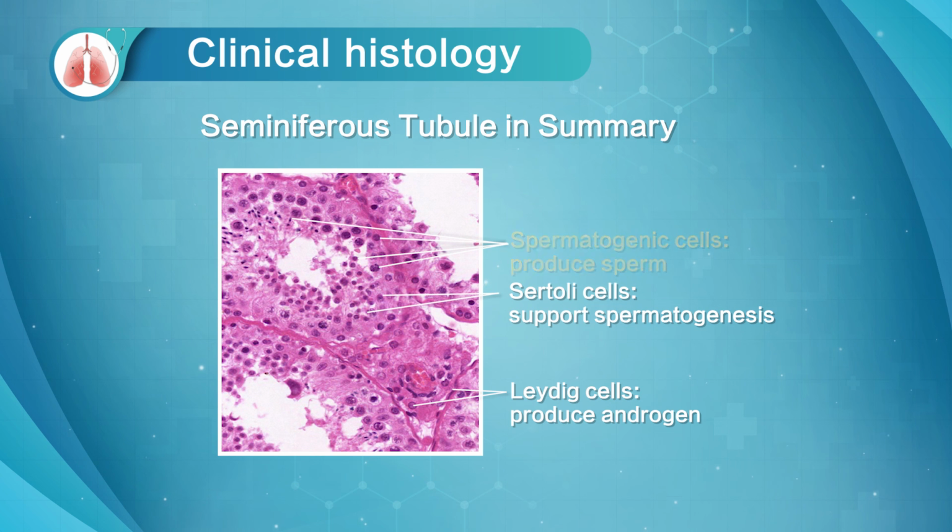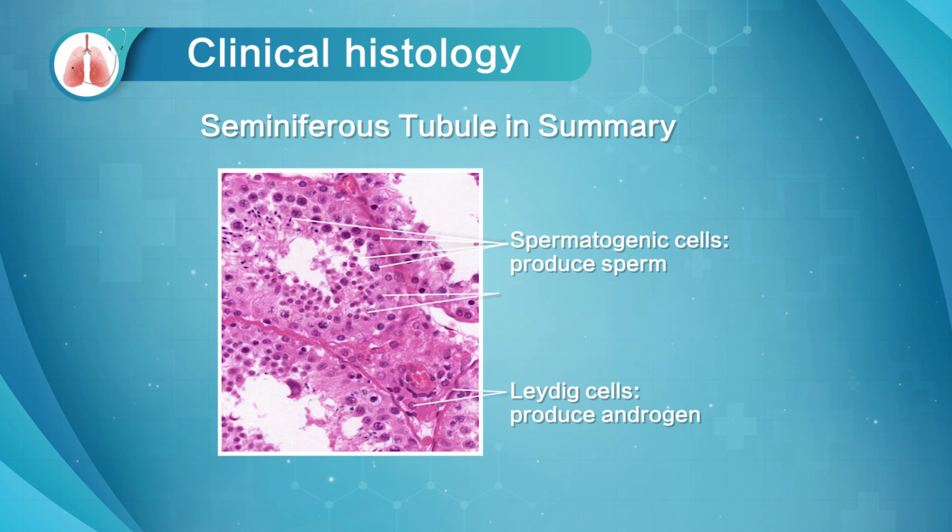The lining epithelium is mainly composed of spermatogenic cells at different development stages: spermatogonium, primary spermatocyte, secondary spermatocyte, spermatid, and sperm. The Sertoli cells are also within the lining epithelium of the seminiferous tubule and play important functions in spermatogenesis.